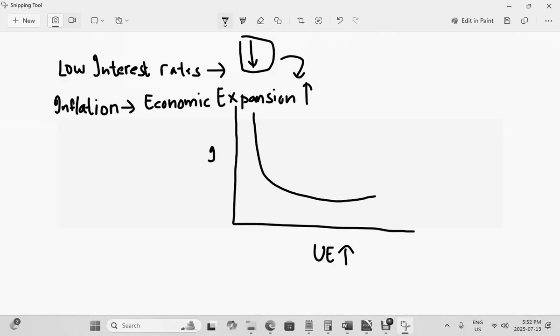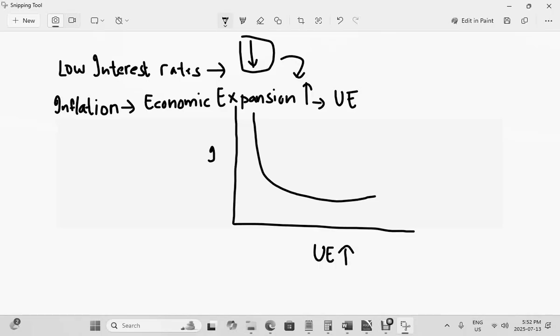Apart from that, we know that because there is economic expansion, your unemployment will go down. So this will be a movement along the curve towards the left.